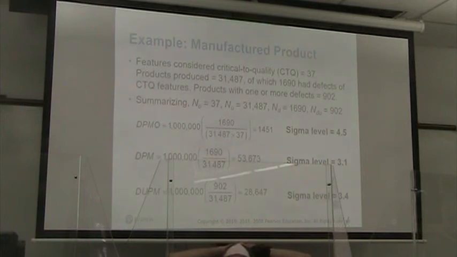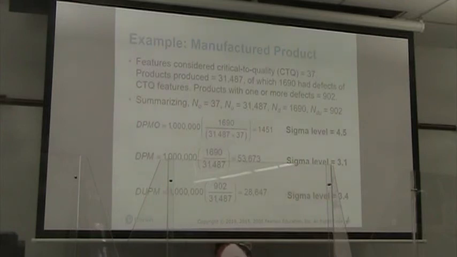The products that had one or more defects are 902. So therefore, the number of opportunities is 37. The number of units is 31,487. The number of defects is 1,690, and the number of defective units is 902.